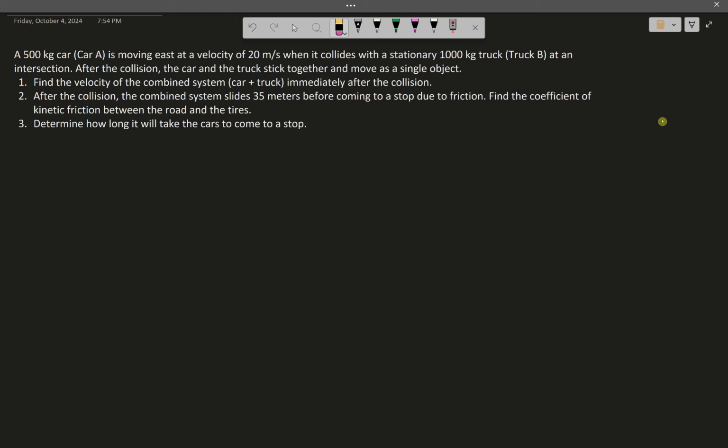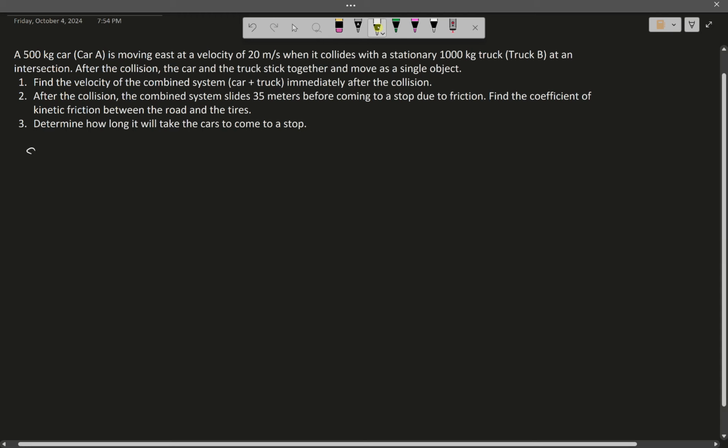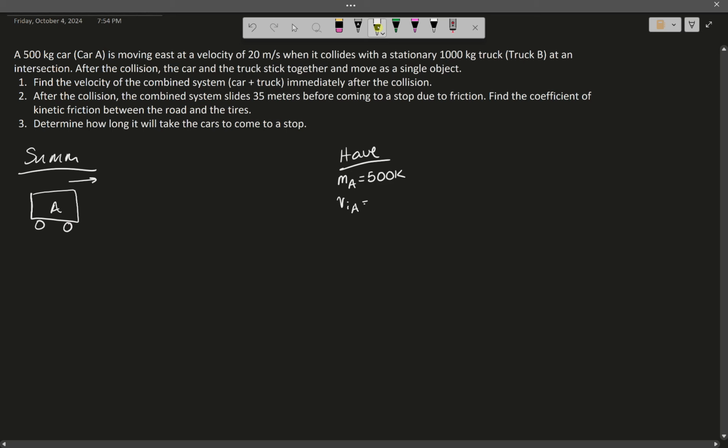So we have a car. I'm going to start with my picture. That's car A, and it is moving east with a velocity of 20 meters per second. So the mass of car A is 500 kilograms, and the initial velocity of A is 20 meters per second.